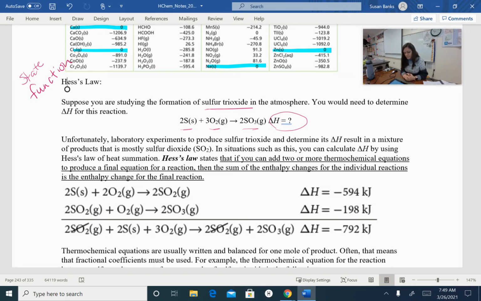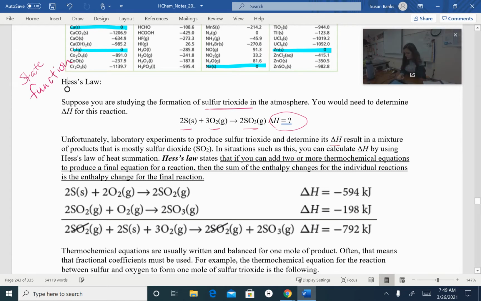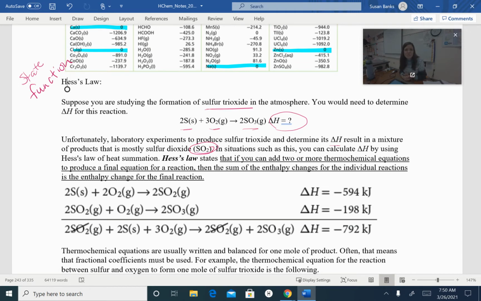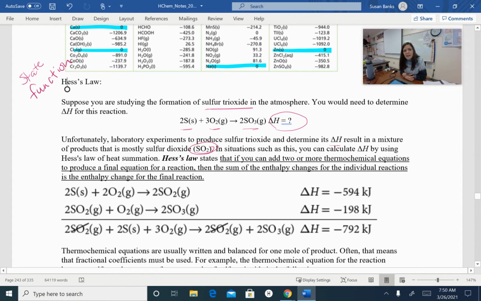Okay? Unfortunately, laboratory experiments to produce sulfur trioxide to determine that delta H result in a mixture of products that is mostly sulfur dioxide. So sulfur dioxide is more prevalent. So how do I actually isolate the sulfur trioxide? In situations such as this, you can calculate delta H by using Hess's law of heat summation.